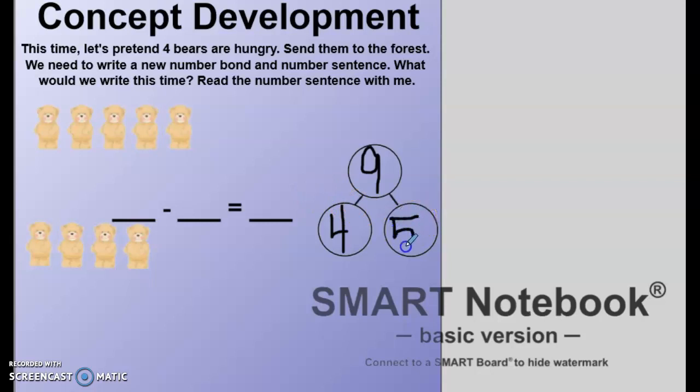Now, here is a challenge. I want to see if you can work on that number sentence alone. So pause me, come back, and we will go over the number sentence. All right, so we have our number sentence, and it's going to be whole minus part equals part. So our whole, I can look at my number bond or count my bears and see that it's 9.